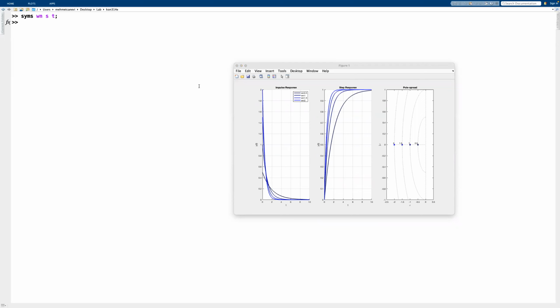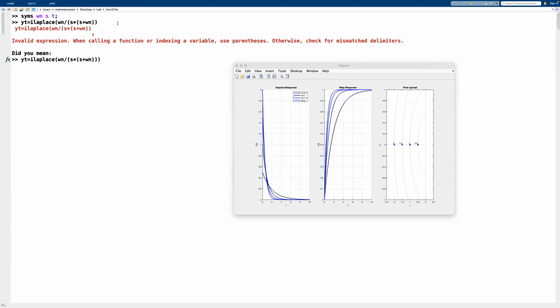So therefore, we can, for example, acquire the system's step response for a first order system. If we are looking at the system's step response, we can use the inverse Laplace transform, where we have omega n divided by s times s plus omega n. That's more correct.